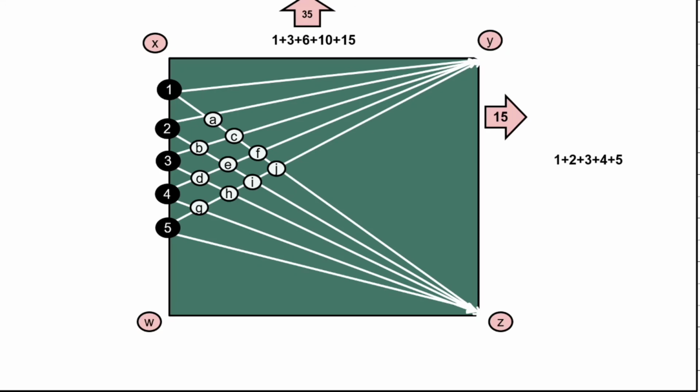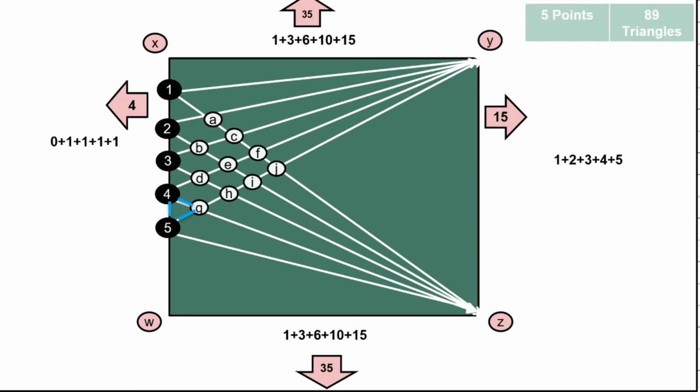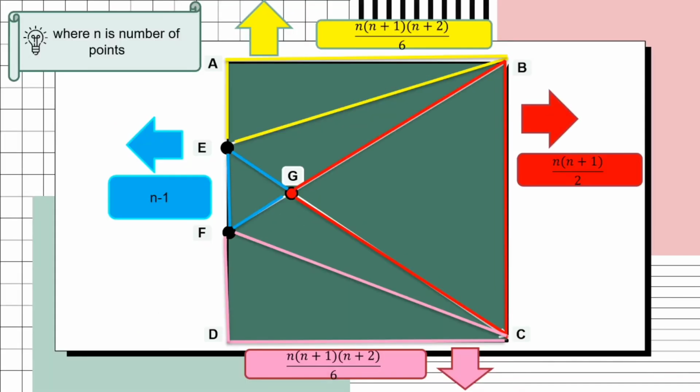On the right, we have an additional 5, which are 5YZ, GYZ, HYZ, IYZ, and JYZ. On the bottom, we have the same as the top. And on the left side, we have an additional 1, which is 45G. On the fifth point, we have 89 triangles formed.